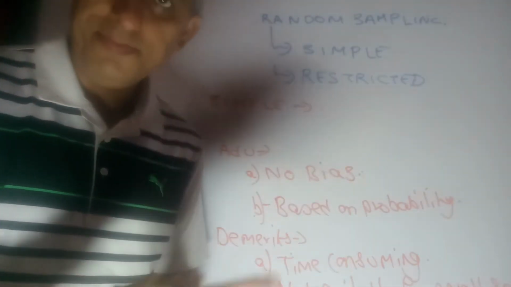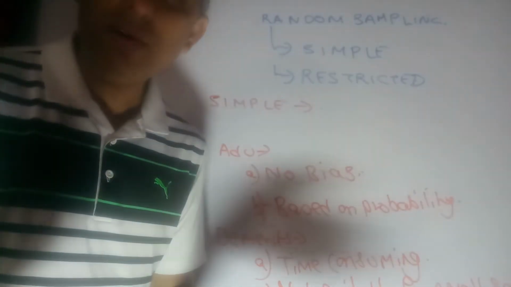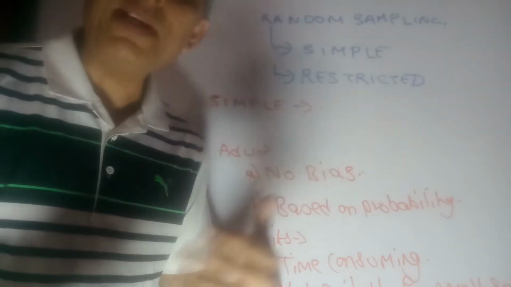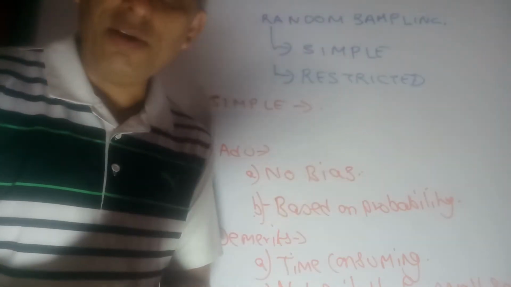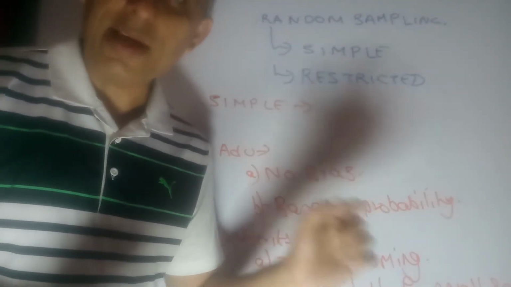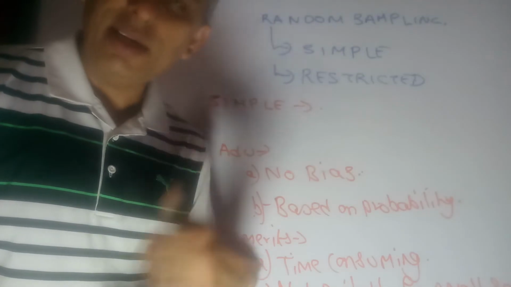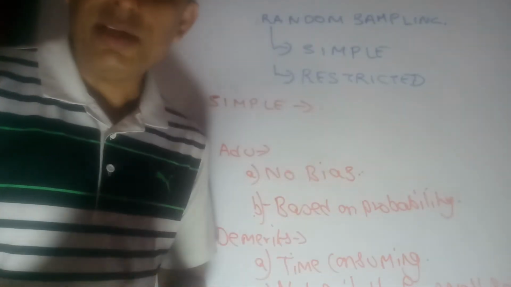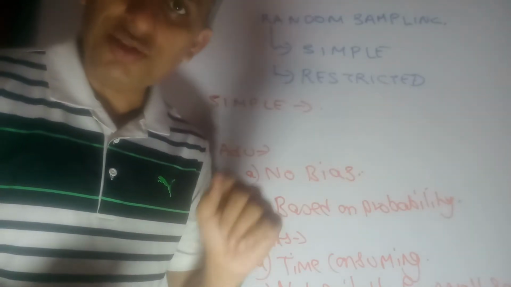In the random one, there is no judgment involved, and in fact, it's more based on probability or the luck factor as far as which element comes into the sample, right? On the other side, in non-random sampling, we use judgment.